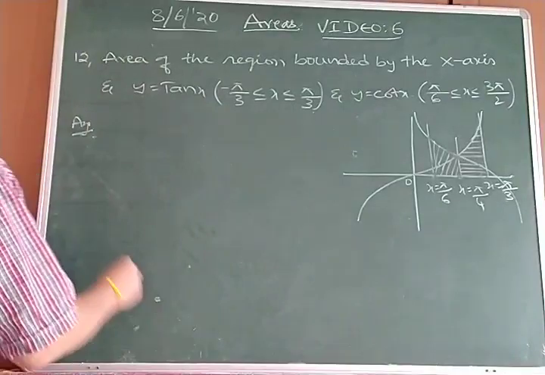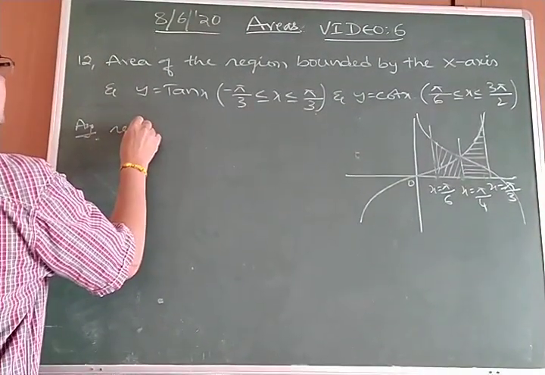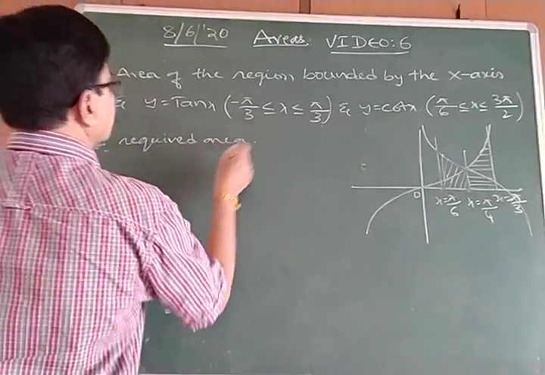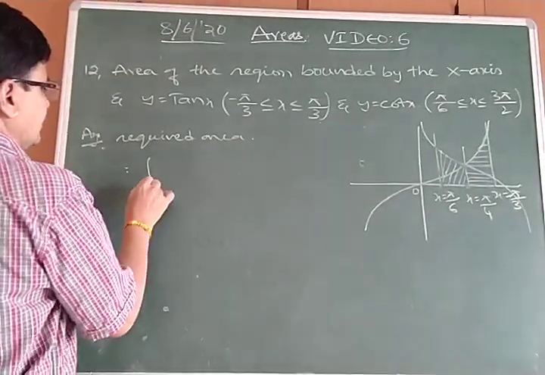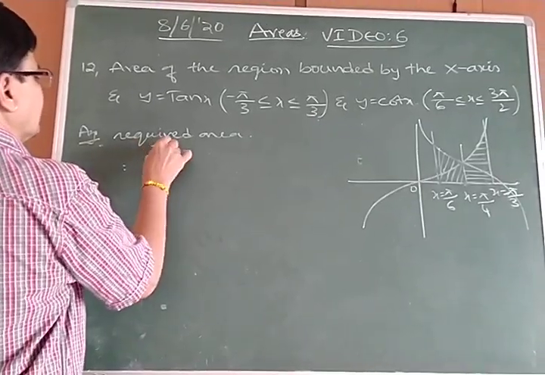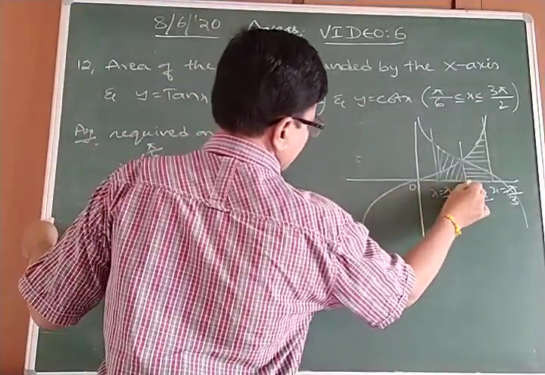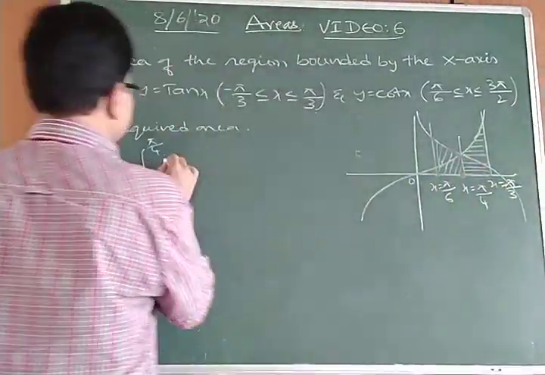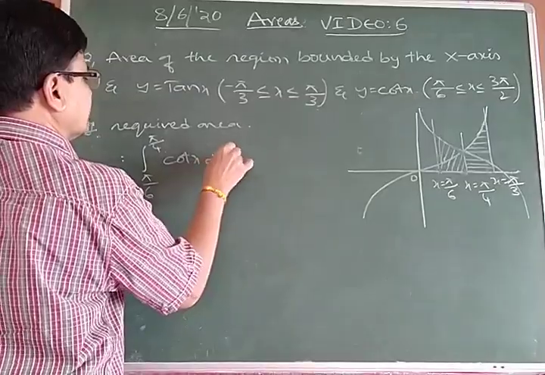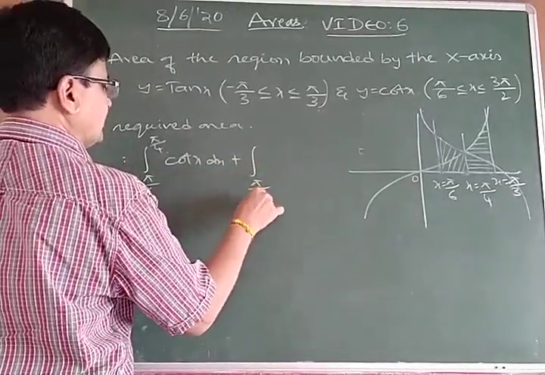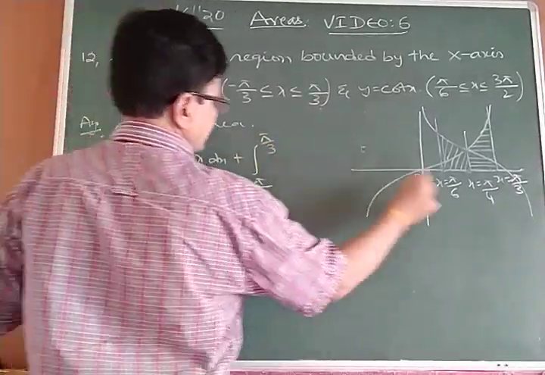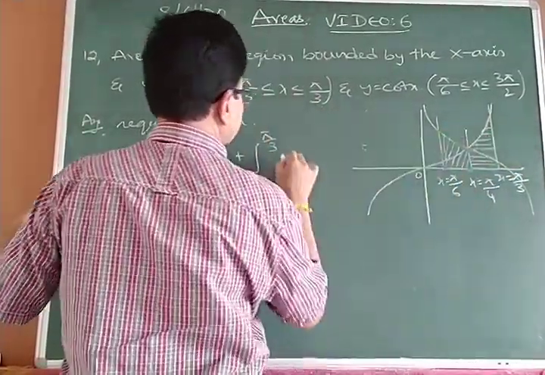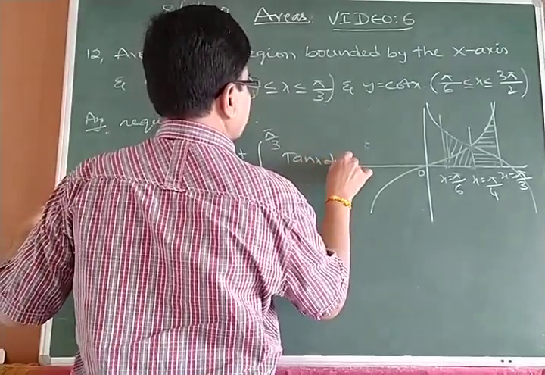So that's why we take the required area as integral pi by 6 to pi by 4 of cot x dx, plus integral pi by 4 to pi by 3 of tan x dx.